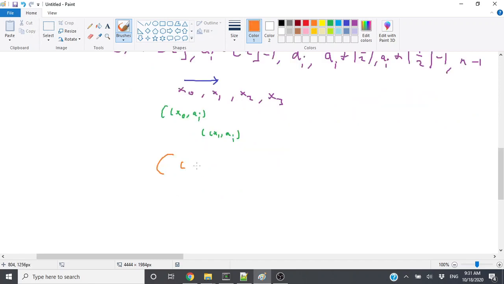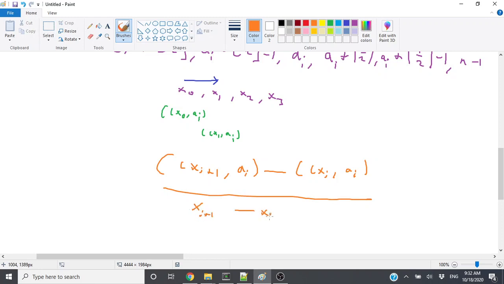So for some j, it's c of x_{j+1}, ai minus c of x_j, ai. Again, ai is the fixed value that we're working with. This is divided by x_{j+1} minus x_j.